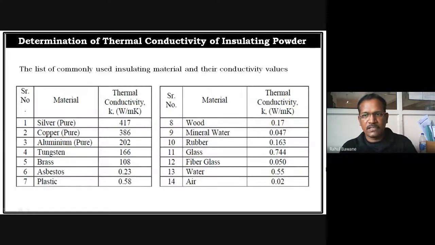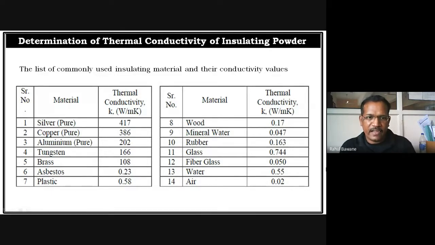Now these are some standard values of thermal conductivity of various materials, but remember all these values are identified at standard experimental conditions on a standard experimental setup. Definitely our practical equipment is not that accurate, so we never get the exact value.